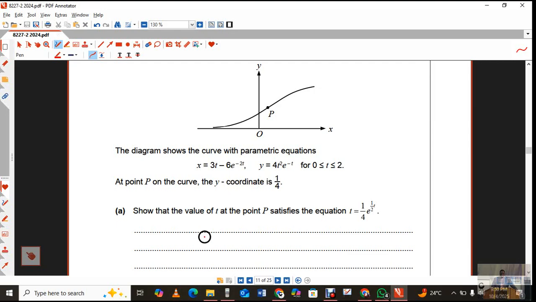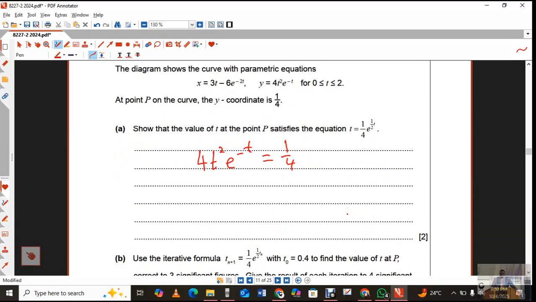The only thing that you need to do there is you take that y equation and you let it equal to 1 over 4. And we should arrive at something like that. So there are many ways you can do that. Let's have t squared alone here. So I can take the square root. I've got 1 over 4 e to the negative t.